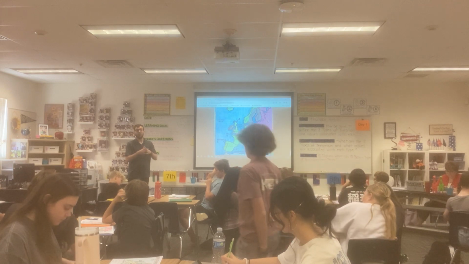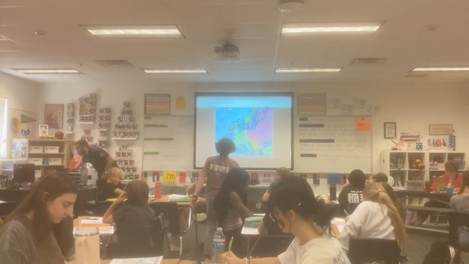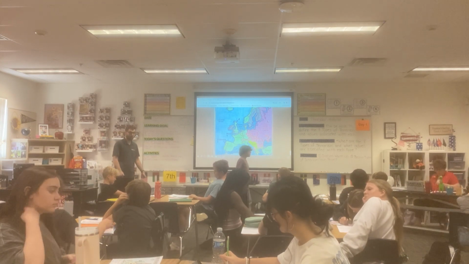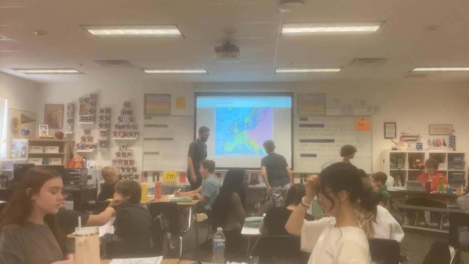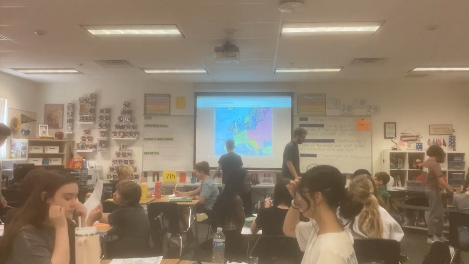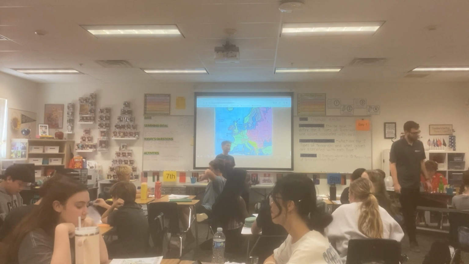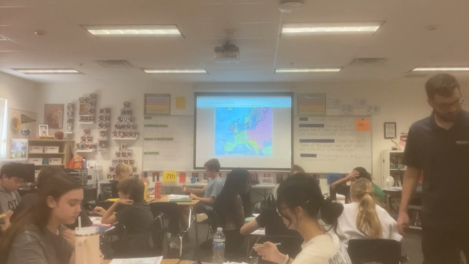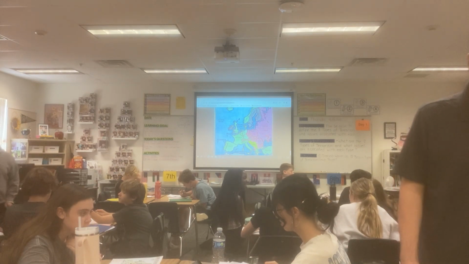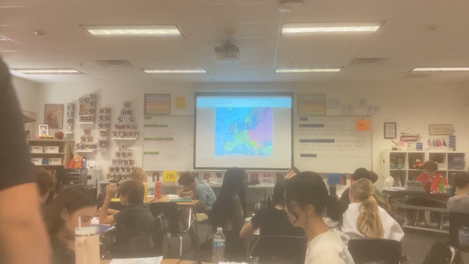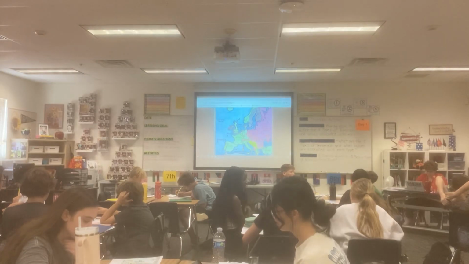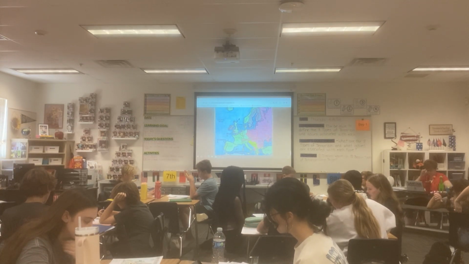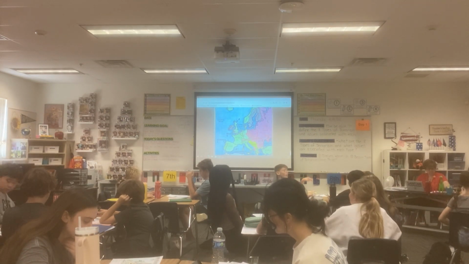But yeah, so you're reading and highlighting, and that will take us to the end of class, and we'll start tomorrow with the questions that correspond with this, all right? Read and highlight.